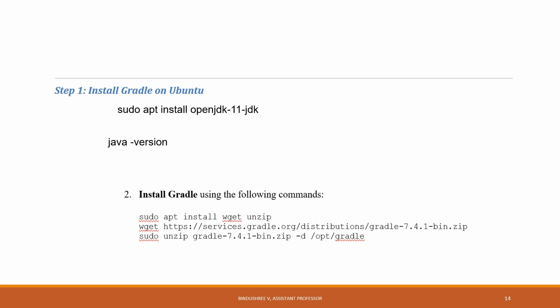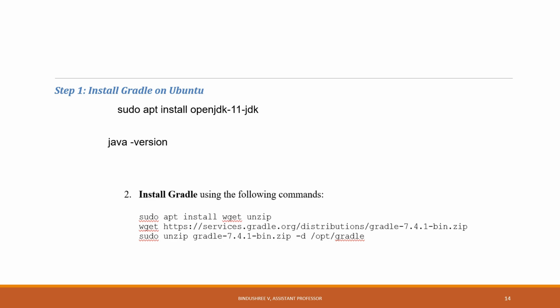Otherwise, you can download Gradle with sudo apt install gradle -y. Then you go to the home directory, find Gradle under a specific directory, and extract it manually. But rather than extracting it manually, what we are doing here is installing the unzip tool.